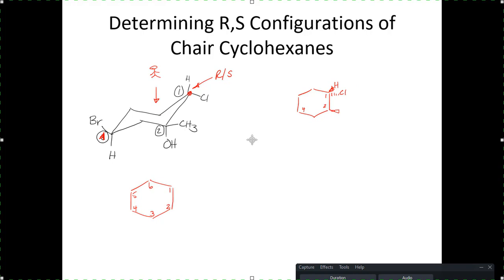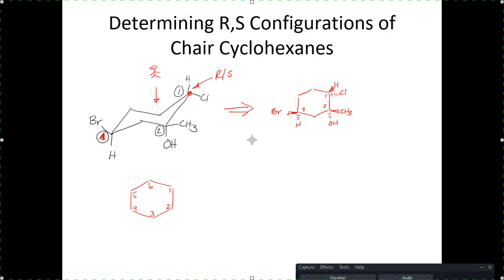For carbon 2, the methyl group would get the bold wedge, and the OH group, which is pointing away from me, gets the dashed wedge. On carbon 4, what's on the bold wedge? The Br. And what's on the dashed wedge? The hydrogen. So I like to turn a chair cyclohexane into a flat cyclohexane for determining R and S.